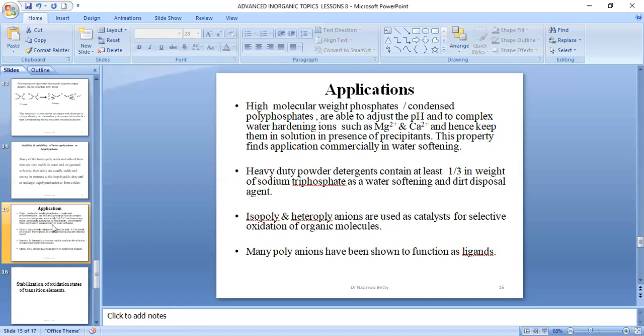Heavy-duty powder detergents contain at least a third by weight of sodium triphosphate as a water softening and dirt dispersal agent. Isopoly and heteropoly anions are used as catalysts for the selective oxidation of organic molecules. And many polyions have been used to function as ligands.